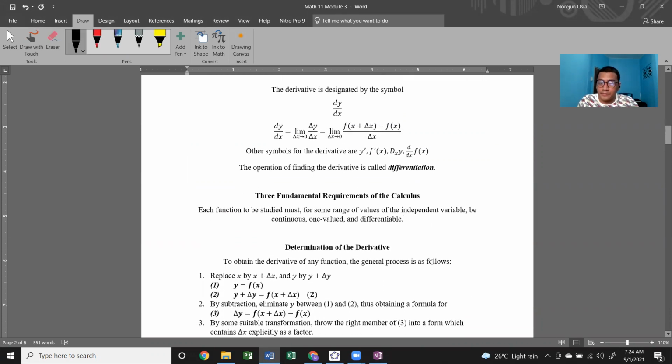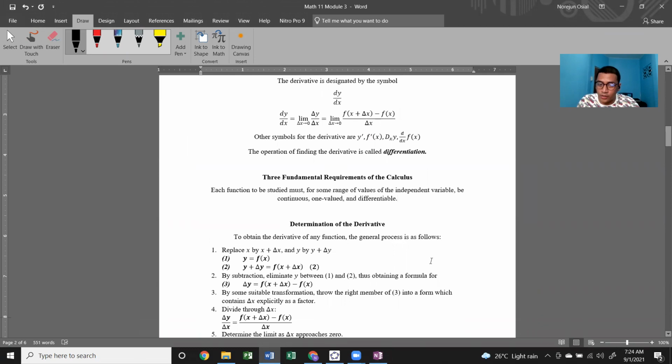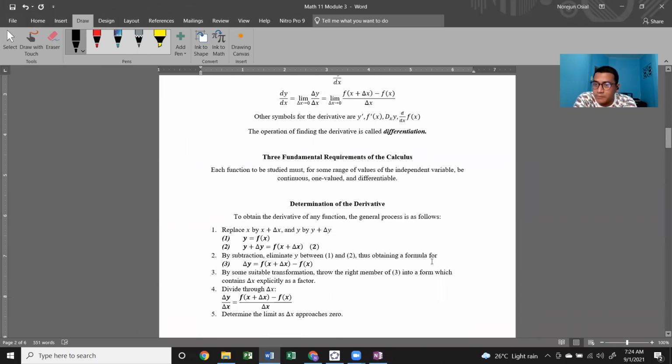Now we have steps to follow in solving for the derivative of x. These are general steps and very easy to follow. It's straightforward. I will show you how to apply these step procedures to our sample problem.